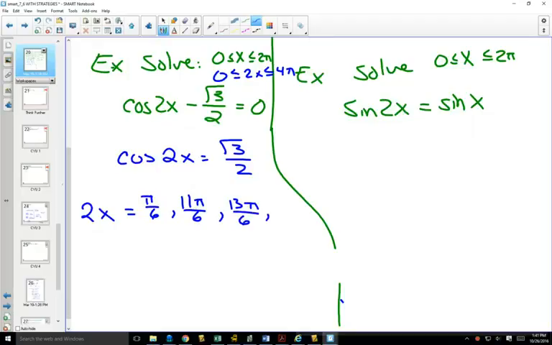13 pi over 6 and 23 pi over 6 would be the second time around. Then to solve for x, divide each of them by 2.